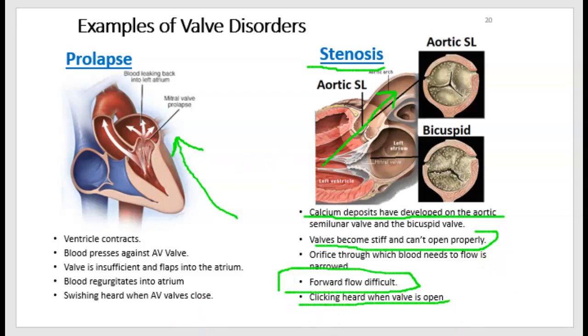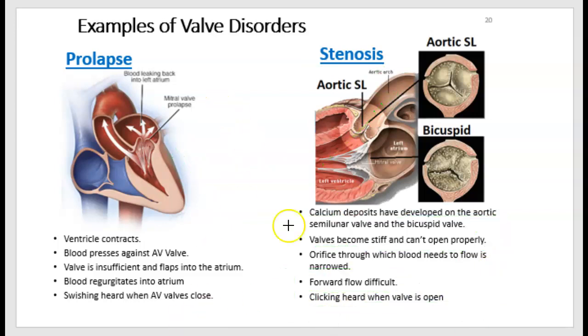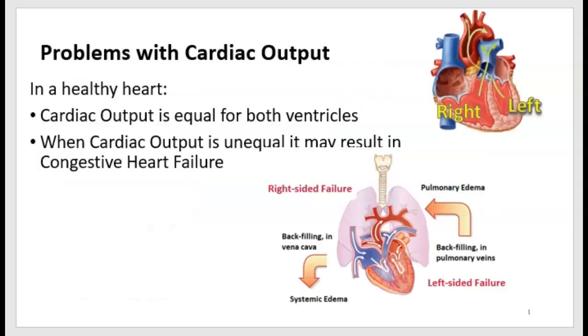It's kind of weird. So both with valve disorders or with myocardial infarction, you could have a problem with cardiac output. Let me explain what I mean. We measure cardiac output as heart rate times stroke volume. Generally speaking, cardiac output in a healthy heart is equal on both the left side and the right side, right? The same amount of blood is pumped per minute on both sides of the heart.